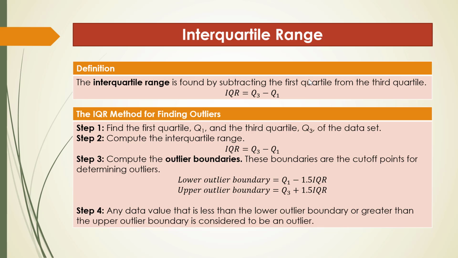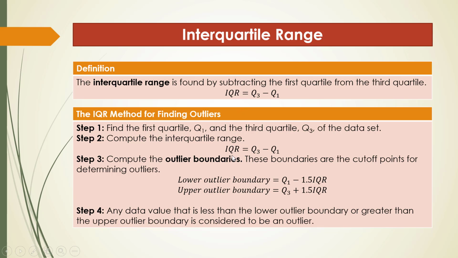The first step, we find the first quartile and the third quartile, Q1 and Q3. Step 2, we compute the interquartile range, IQR, by subtracting Q1 from Q3. Step 3, we compute the outlier boundaries. These boundaries are the cutoff points for determining outliers.